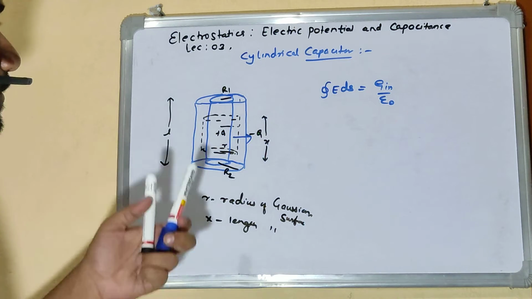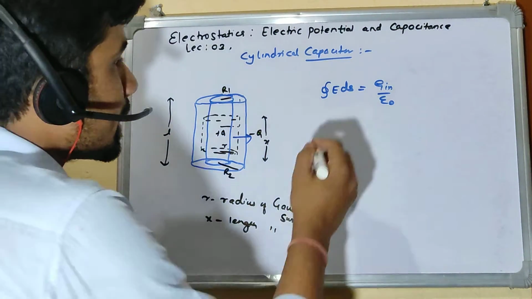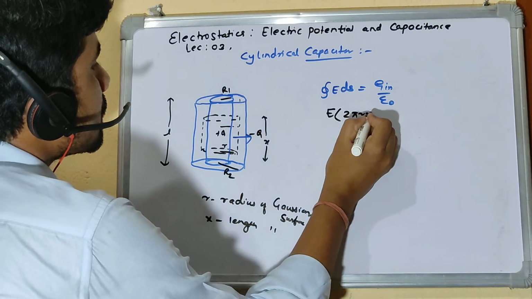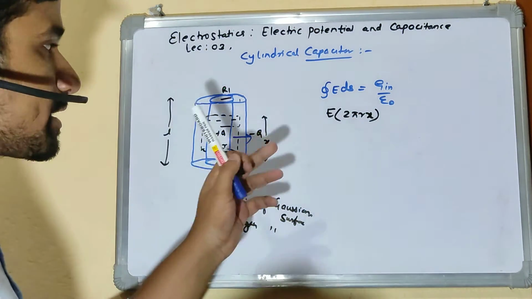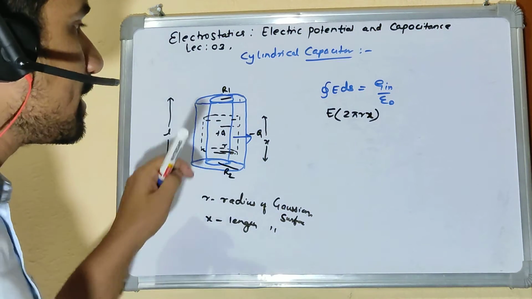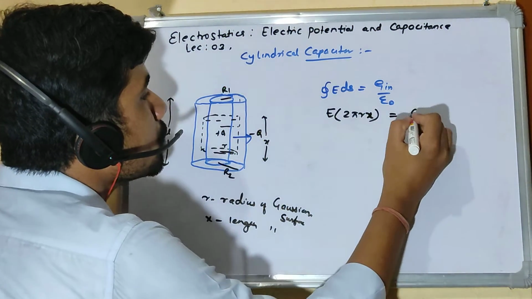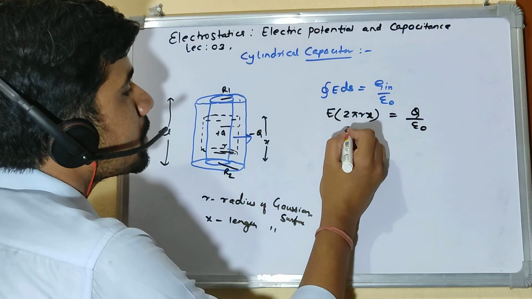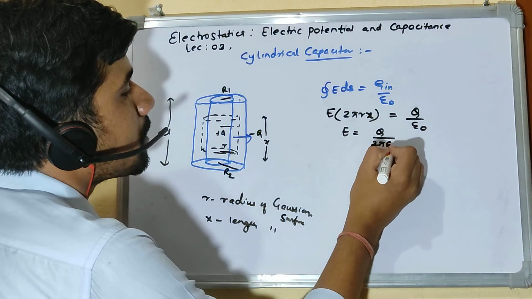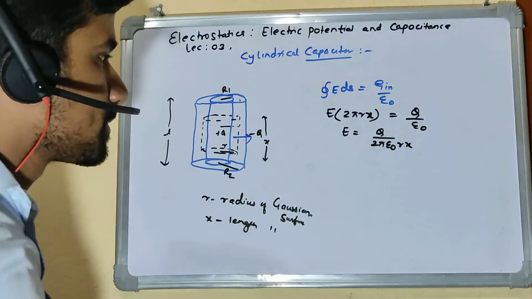So what is the area of this particular cylinder? The area will be nothing but 2 pi r into x. The area of the cylinder is 2 pi r l, where r is the radius and x is the length, and the charge is q by epsilon naught, right? So E is q by 2 pi epsilon naught r x, right?